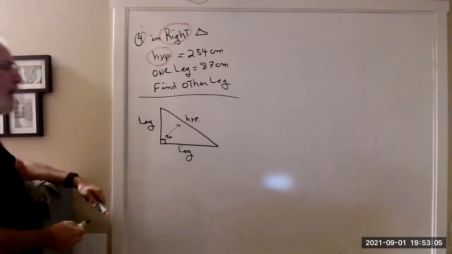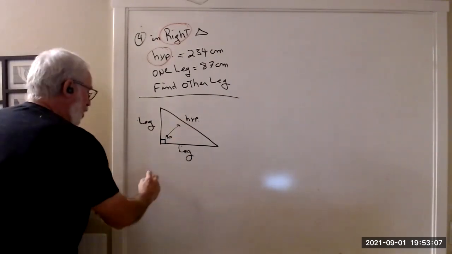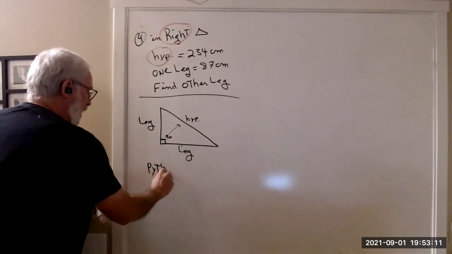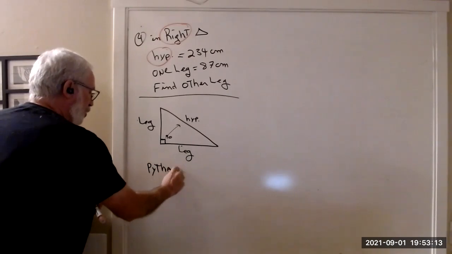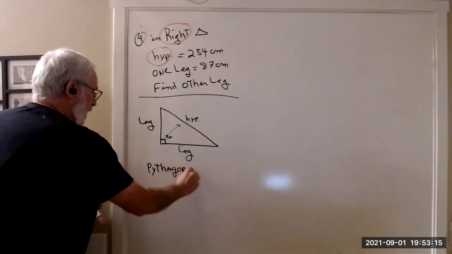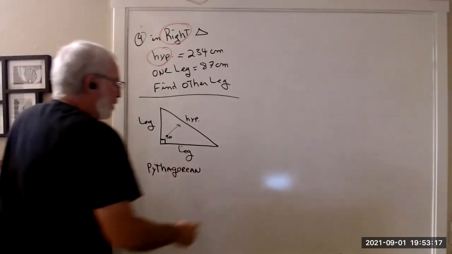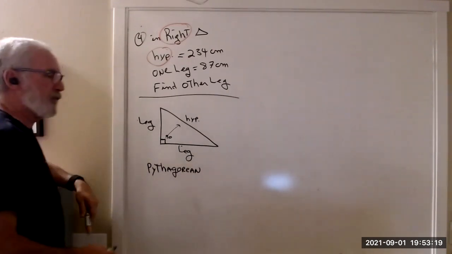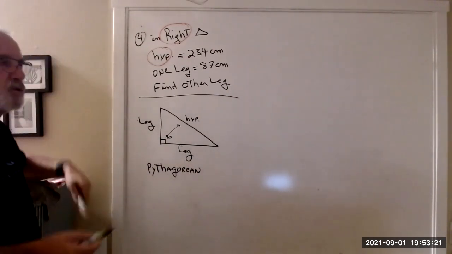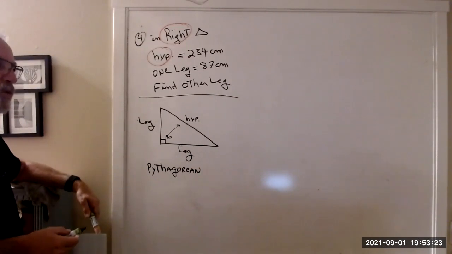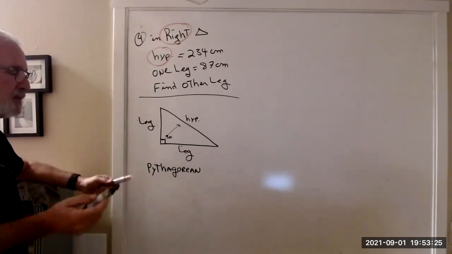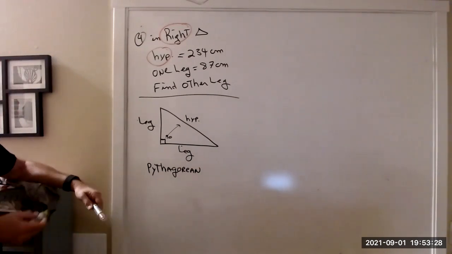Well, when you have that condition, you can use what we call the Pythagorean formula or theorem, depending on what you learned in high school or wherever you learned it. It's by this Greek guy named Pythagoras.